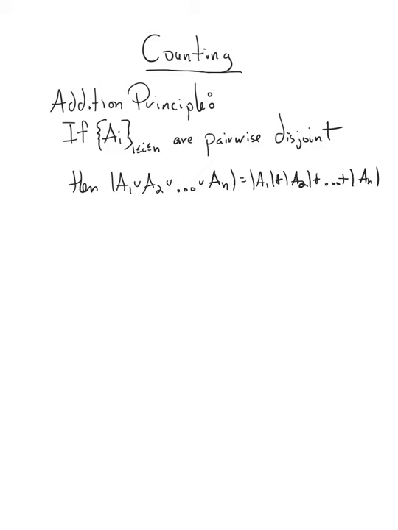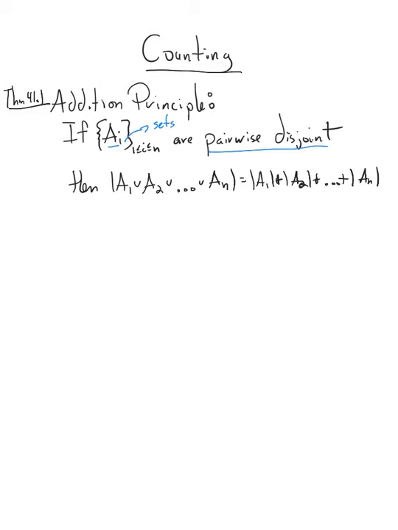Let's call it theorem 41.1. Why not? This is pretty obvious, though. So, if you have a set of sets, where your A_i's are all sets, and they're pairwise disjoint.